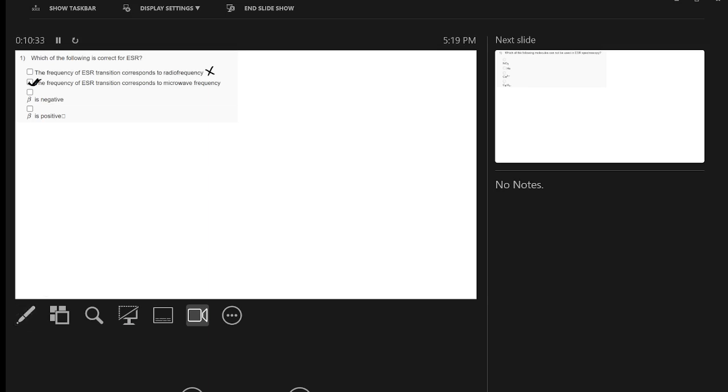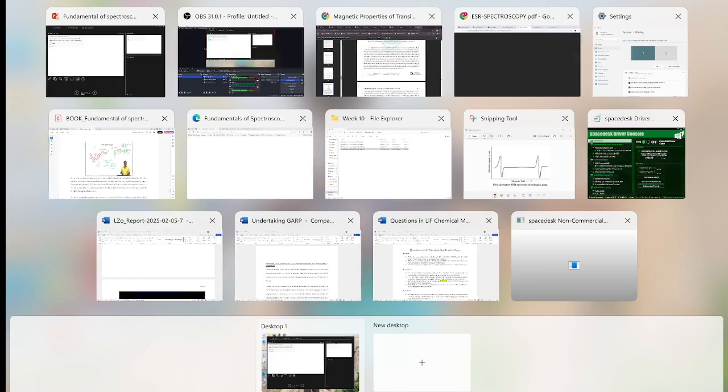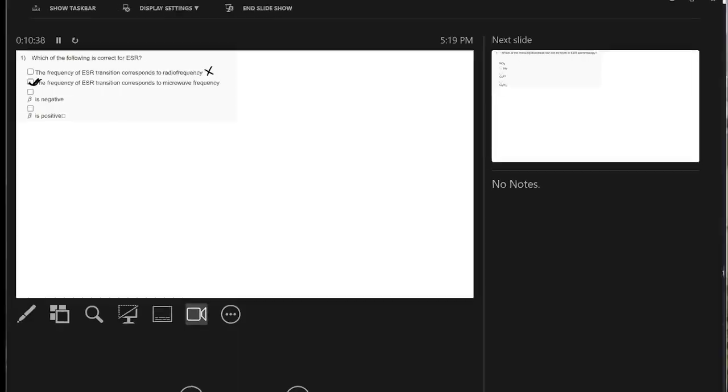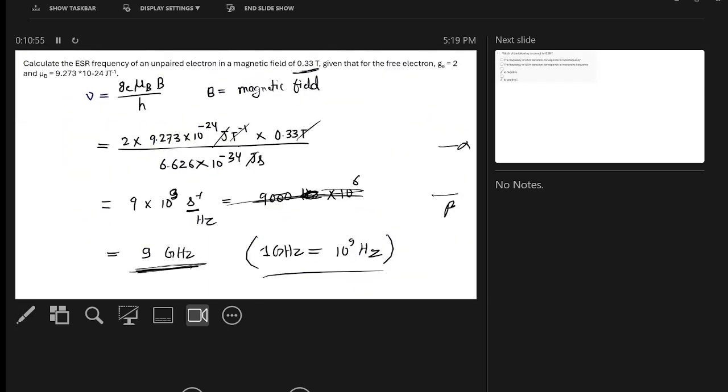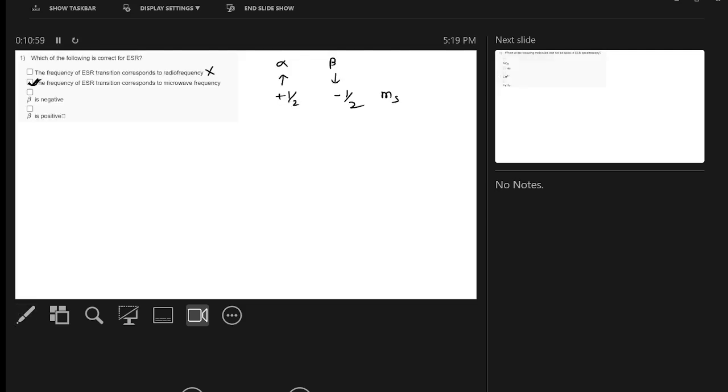Electron has two spins, alpha and beta, up and down. The ms value for alpha is plus half and for beta is minus half. So the value of beta is negative. Correct, so this is a correct option.